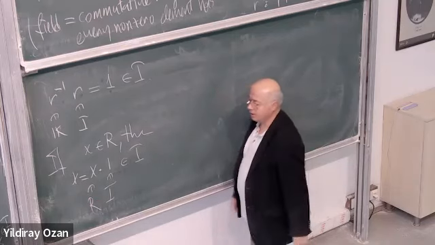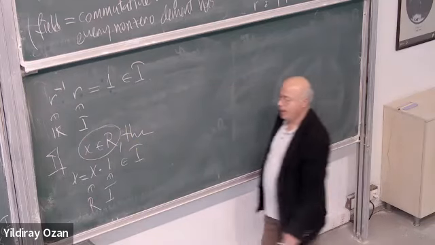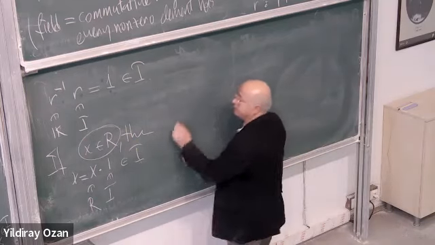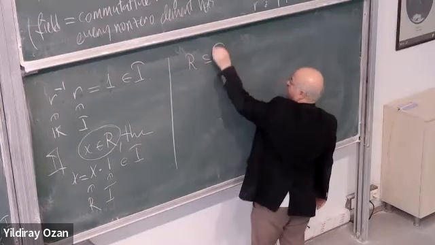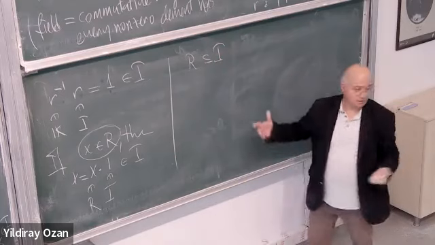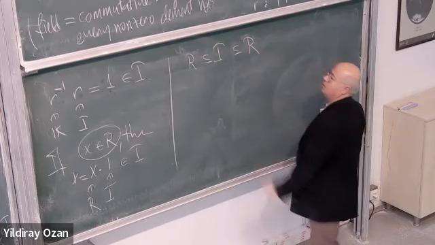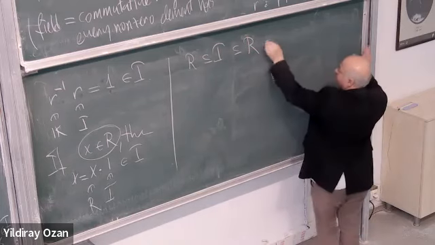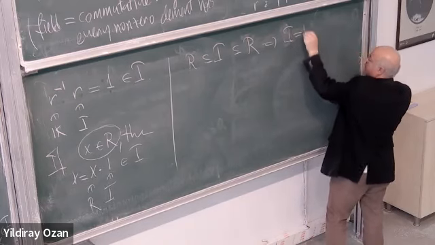So if you have any element in the ring, then it is in the ideal. This implies that the whole ring is in the ideal. But by definition, the ideal is a subset of R. Therefore, we see that our ideal is the whole ring.